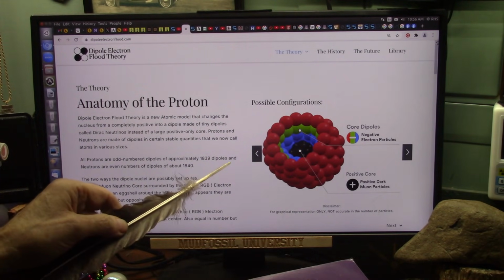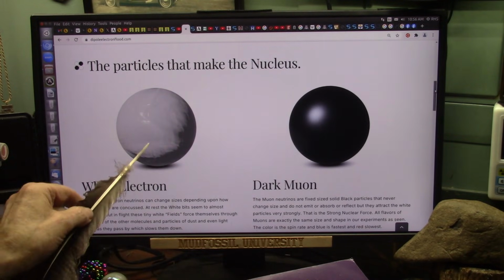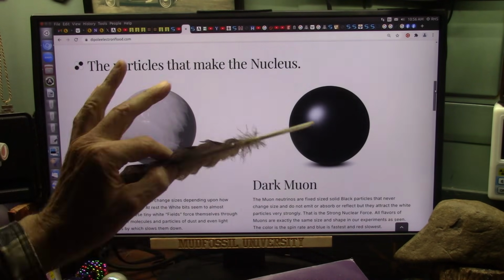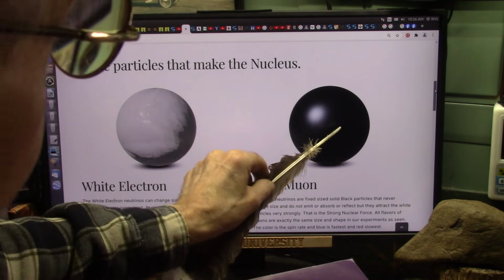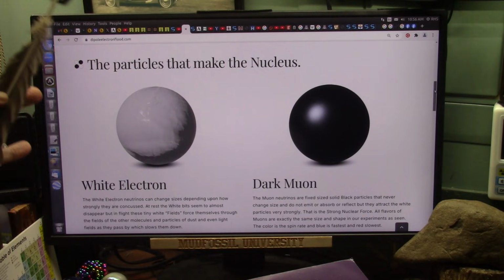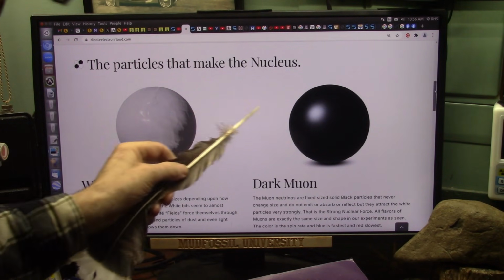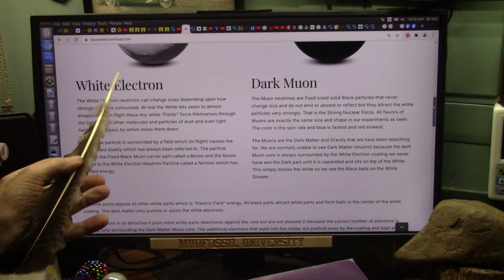And when you take two dipole electrons together, that's all these are. When these attach together, that's a dipole. All right? Di means two poles, positive, negative. The negative is extremely powerfully attracted to the muon, which is the dark matter.